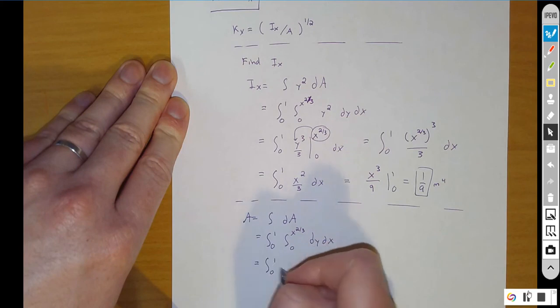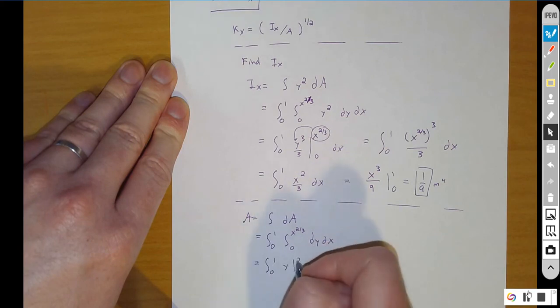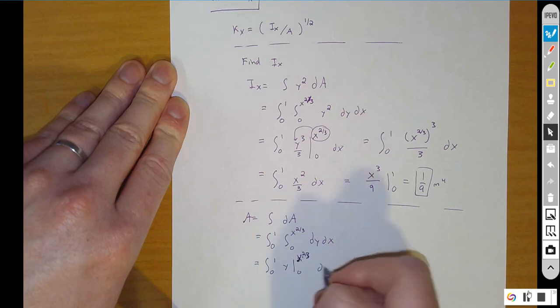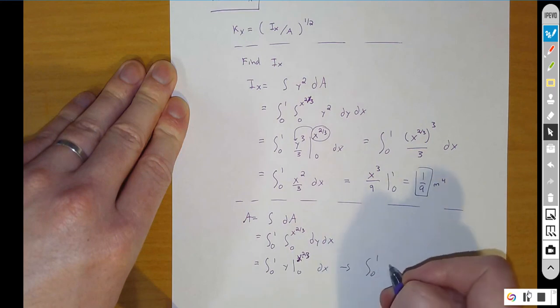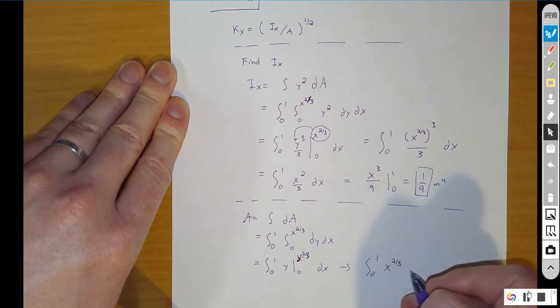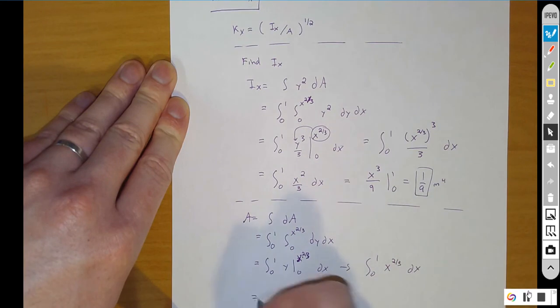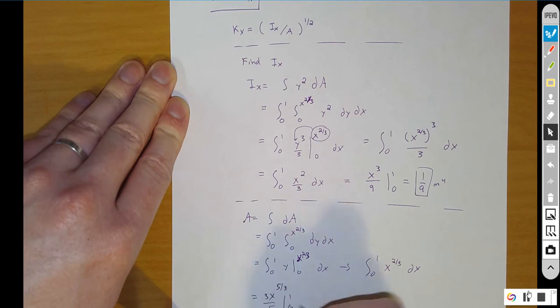So end up with 0 to 1, and then I'll have a y, x to the 2/3, and a 0. This will become just an x to the 2/3 dx. When you integrate that, you will get an x to the 5/3 from 1 to 0. So we get 3/5 of a meter squared for our area.